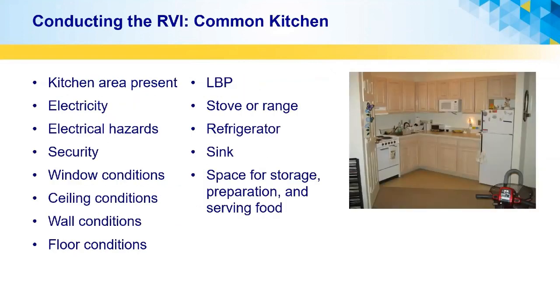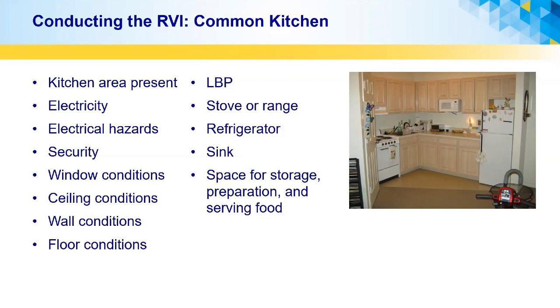Now this is a common kitchen, and the items that we look at in the common kitchen are exactly the same as the items that we looked at in a unit kitchen. And these would be kitchen area present, electricity, electrical hazards, security, window condition, ceiling condition, wall condition, floor conditions, lead-based paint, stove and or range, refrigerator, sink, space for storage, preparation, and serving of food.